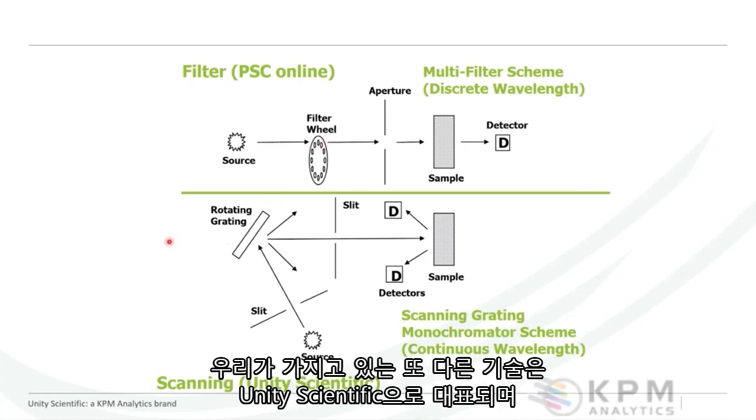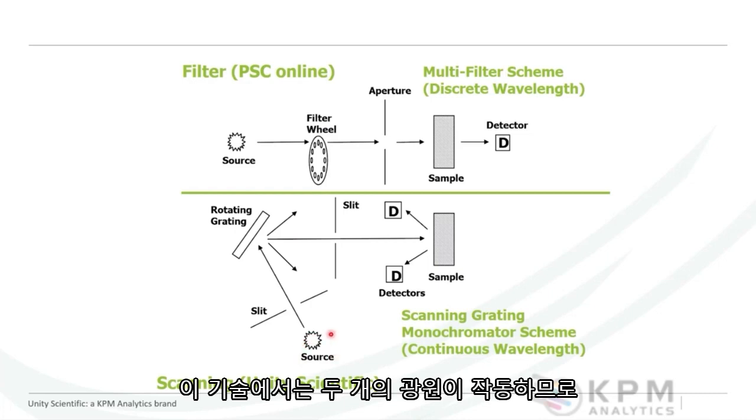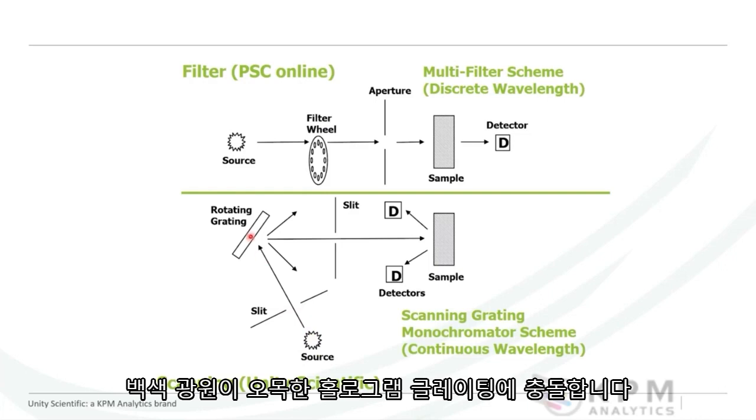Another technology we have within KPM is represented by Unity Scientific and also Chopin Technologies in the Infraneo, which is the scanning monochromator technology. In this technology, we've got a light source. So white light passes through a slit. It impinges on a concave holographic grating.